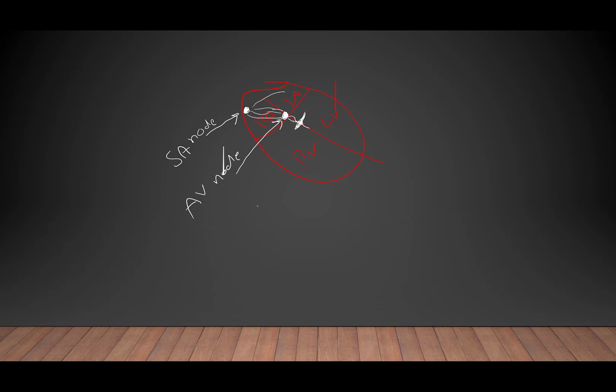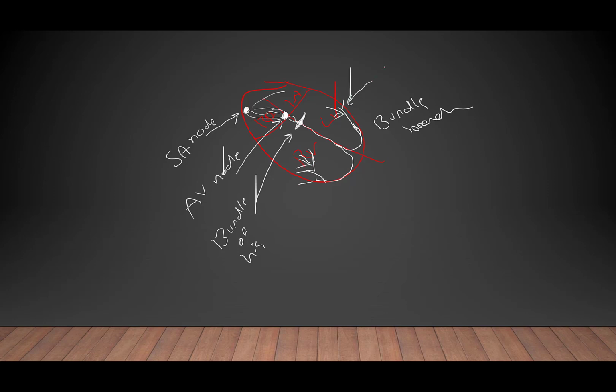Then it goes down and divides into the left and right bundle branches to stimulate the right and the left ventricle, and finally we have something called the Purkinje fibers. This is the electrical impulse, or what we call the heart's electrical system.